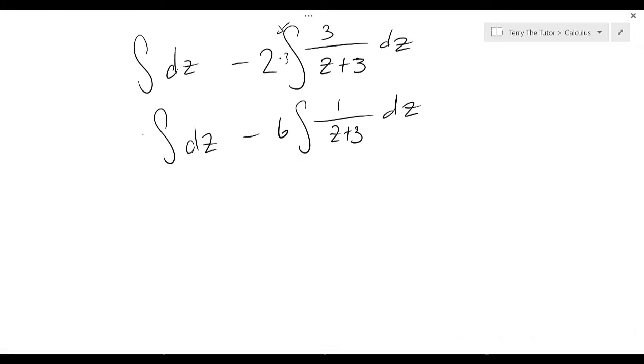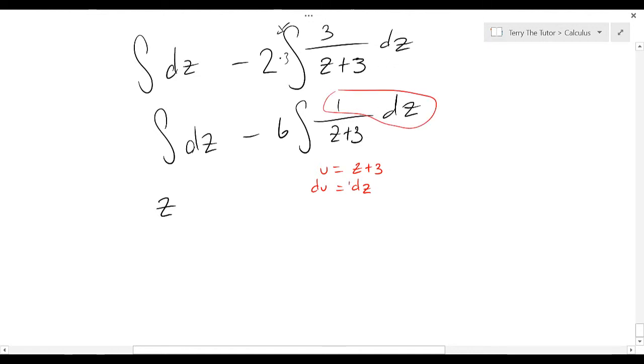The integral of dz is just z, plus c, but we're not done. Then let's try a u substitution here. If u is equal to z plus 3, then du must be equal to dz. Here's my du, here's my u.